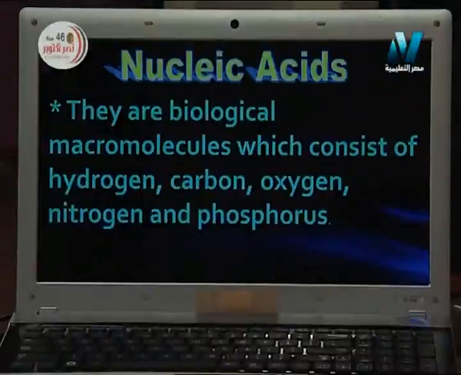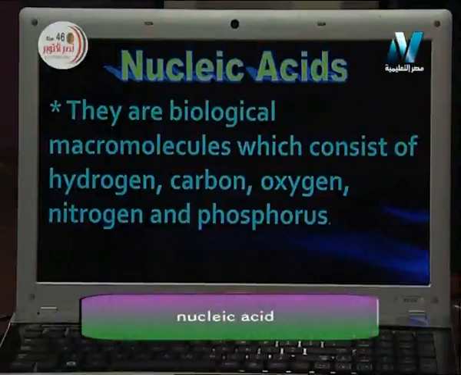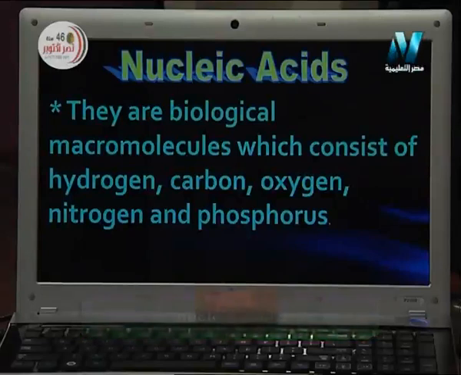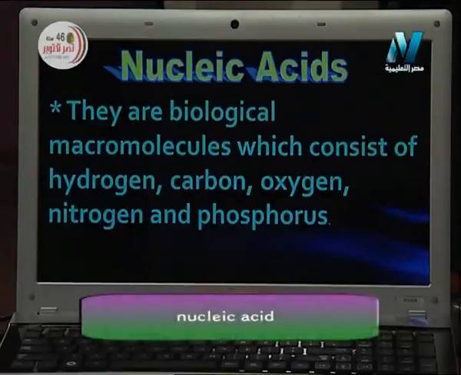It's a biological macromolecule which consists of hydrogen, carbon, oxygen, nitrogen, and phosphorus. We studied before carbohydrates, lipid, protein. Today we'll talk about the nucleic acid.